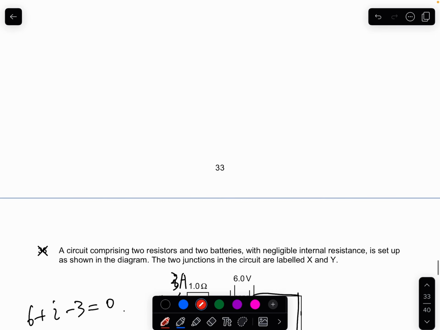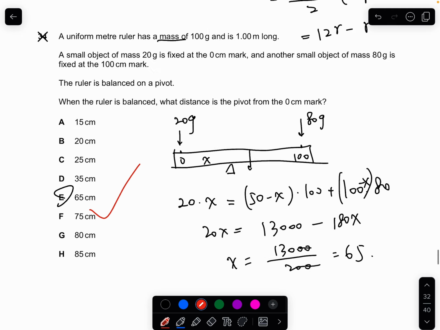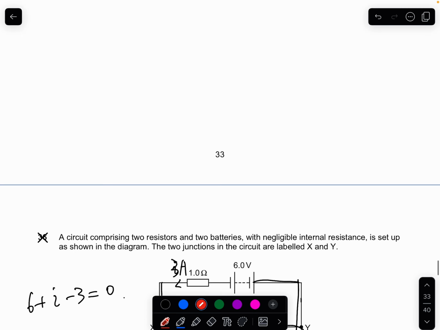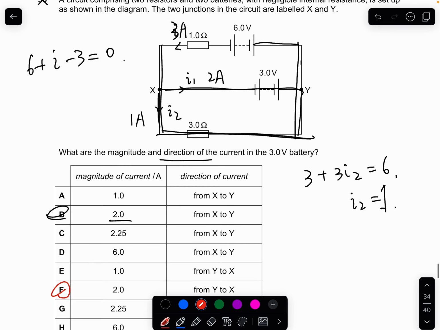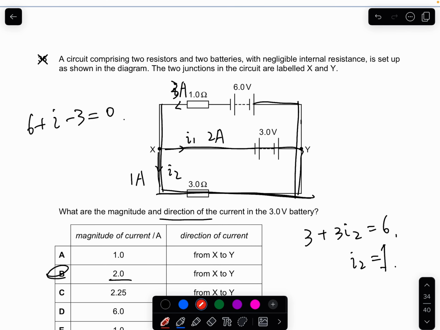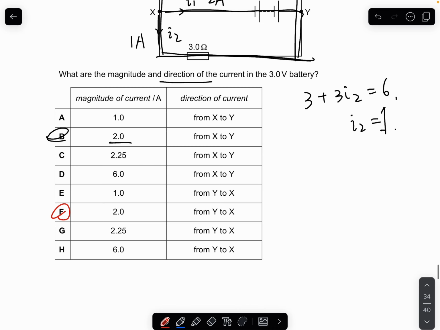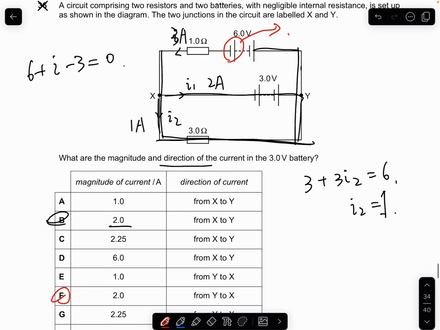So the first one, okay. Which one? This, okay, I misunderstood about the. Oh, I got it wrong. So it would be something like this, okay? So this would be I and this would be I1.